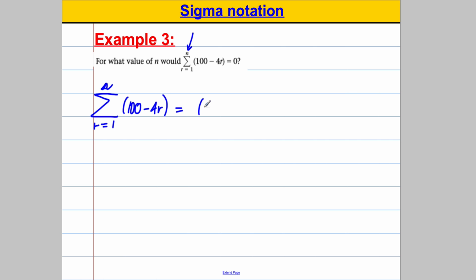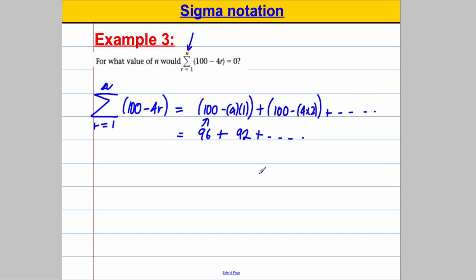So let's put 1 in. 100 take away 4 multiplied by 1, that's the first term, plus 100 subtract 4 multiplied by 2, plus dot dot dot, and we don't know about the last term. So this is clearly 96, plus this would be 92, plus dot dot dot.